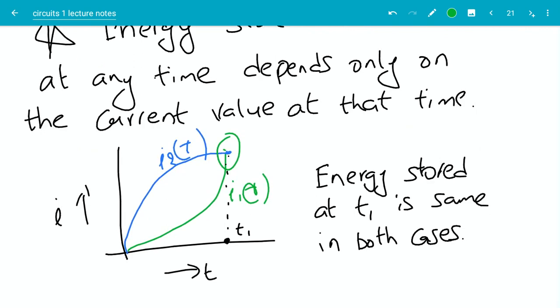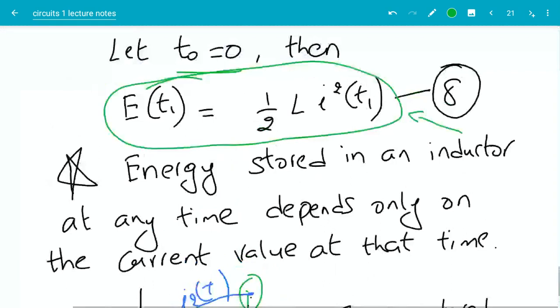It only depends on the final value of the current. It doesn't depend on what path the current took to get to that point, right? That's what this equation means here. Okay, energy stored at any given time depends only on the current at that time. It doesn't depend on what the current was in the past. All right, and this is a very important relationship between energy and current for an inductor.